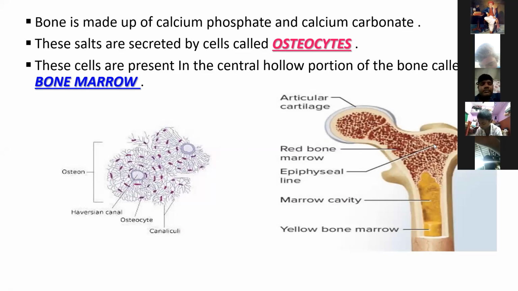These salts are secreted by cells called osteocytes. The bone is made up of calcium phosphate and calcium carbonate, and these salts are secreted by some cells that are called osteocytes.